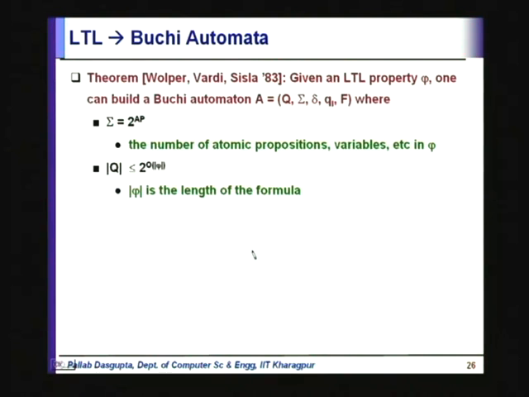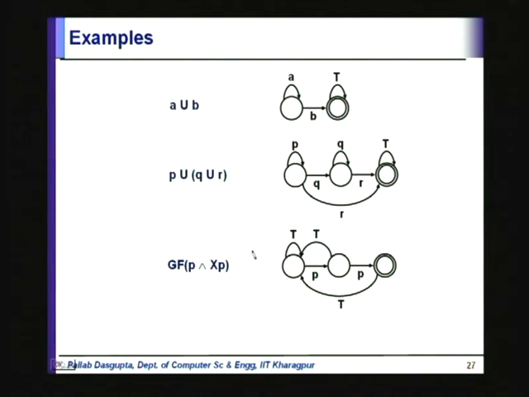Now we will not go through the construction of this, because that is the proof of the theorem, where you show that any generic LTL property can be converted to a Büchi automaton. Instead, to understand what this means, let us look at some examples. If you have A until B, then this is the corresponding Büchi automaton. As long as we get A, we stay here, when we get B, we go here, and then whatever we get, we stay here.